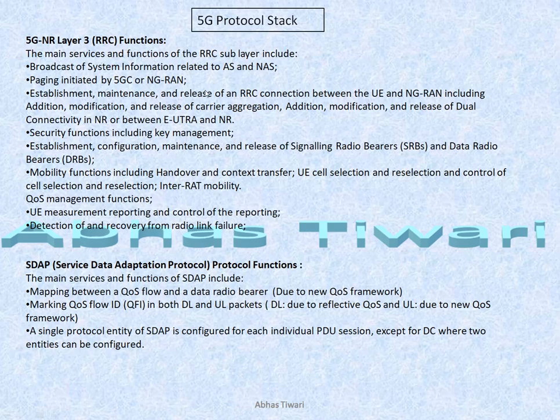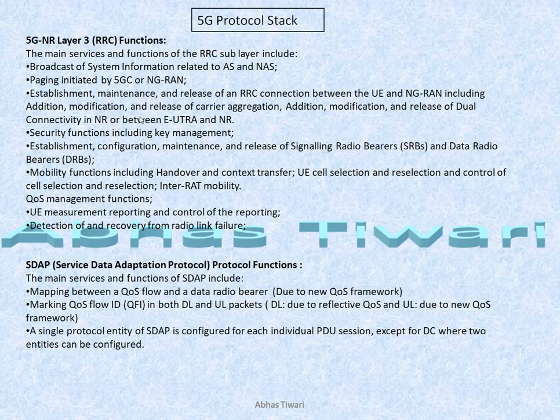It is responsible for establishment of RRC connection, addition and modification of RRC, and dual connectivity. Security key management is also taken care of by RRC. Establishment and configuration of DRBs and SRBs are also taken care of by RRC.